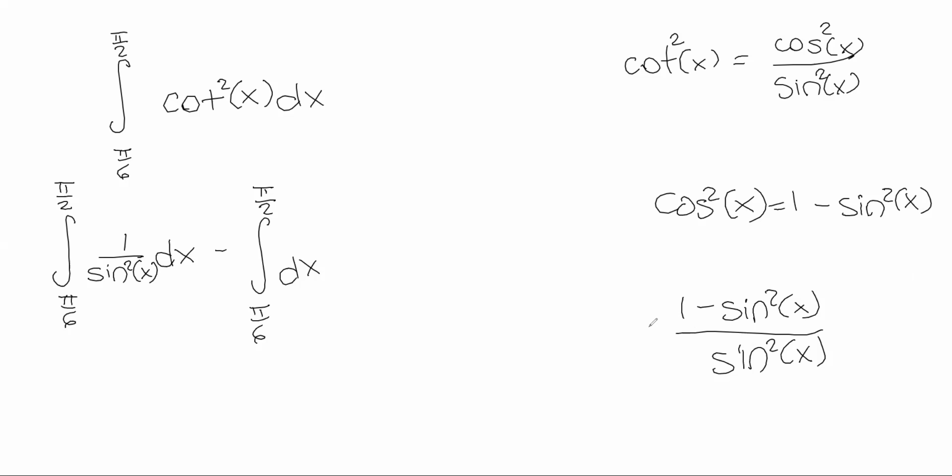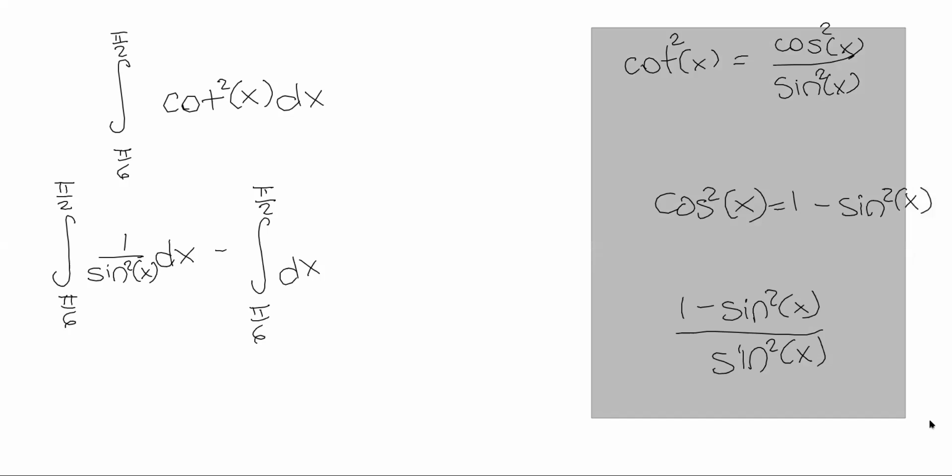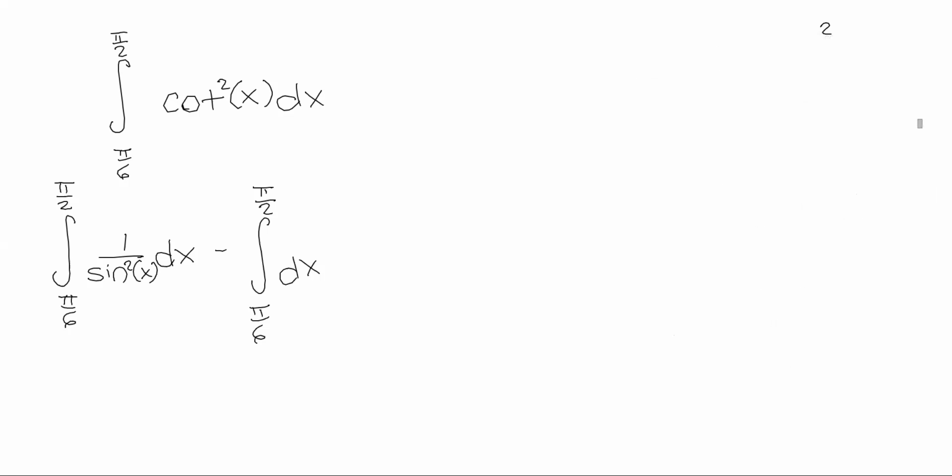So we might be able to use one of the double angle formulas. It isn't guaranteed to work, but we should at least give it a try, exhaust all of our options.